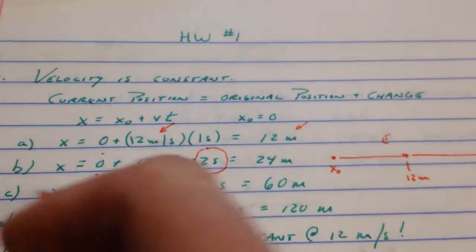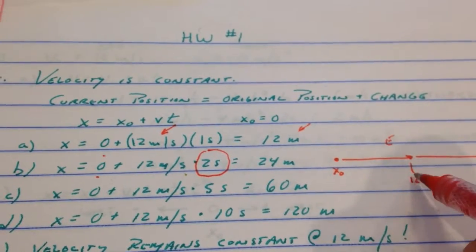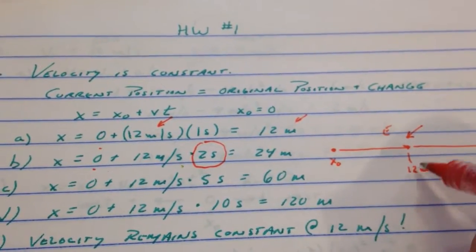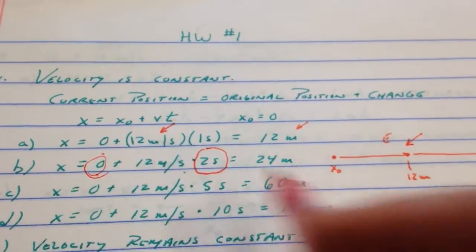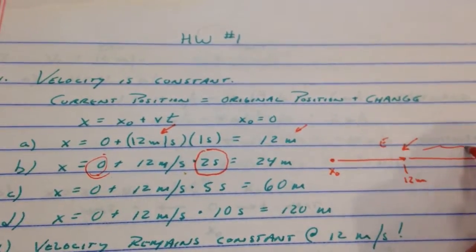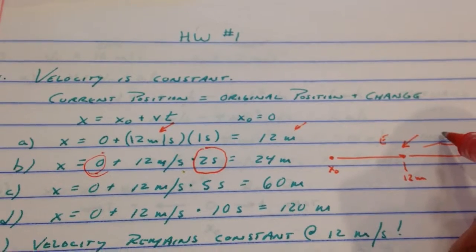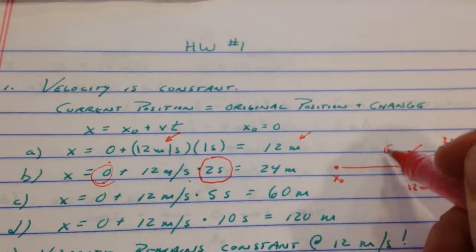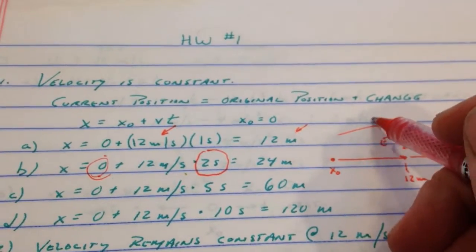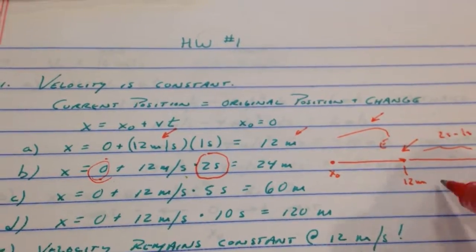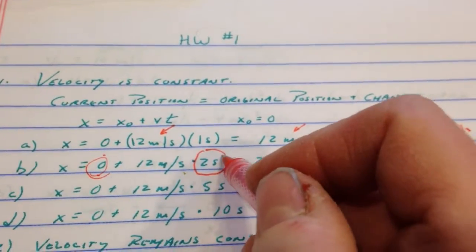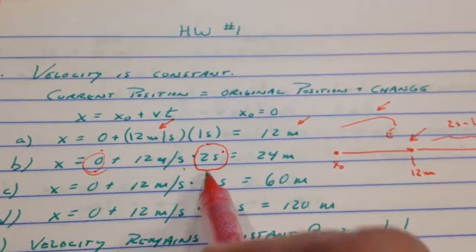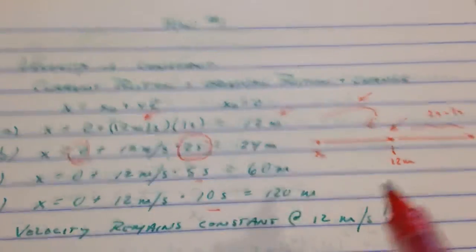If, for instance, for part B, you fed the new initial position at 12 meters in for x sub 0, then you would need to use the elapsed time, 2 seconds, minus the 1 second that has already happened here, as the time input in that equation. Not a big deal here, more of a big deal for these later equations.